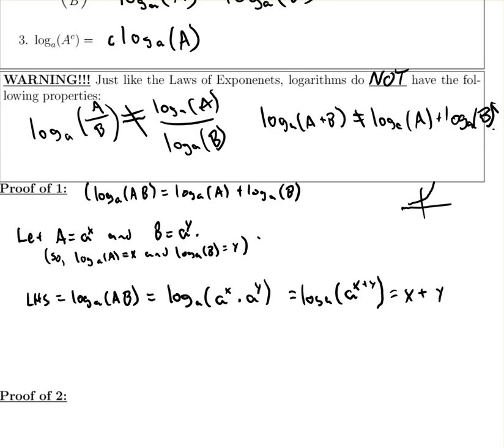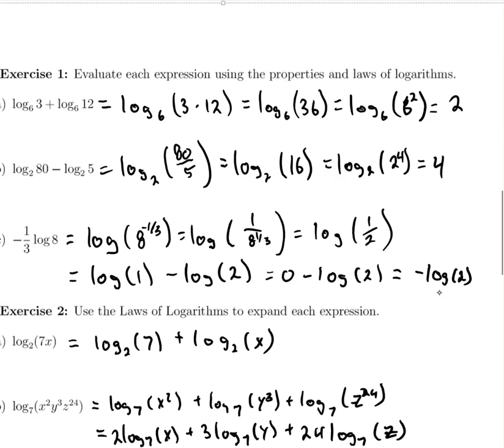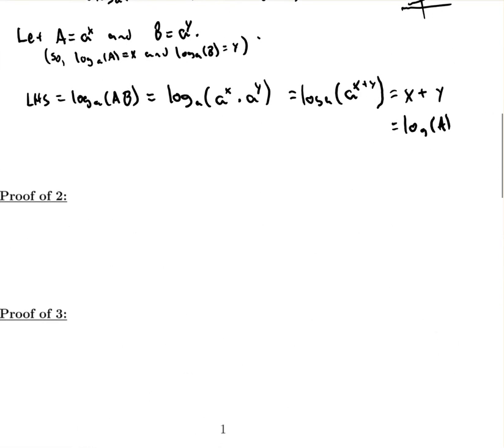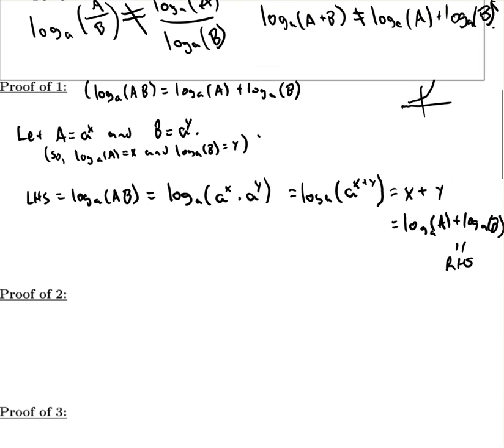Now here's where my little note going back between exponential and logarithmic form comes in handy. x is equal to log base a of big A, and y is equal to log base a of big B. And this is exactly my right-hand side that I wanted to prove.